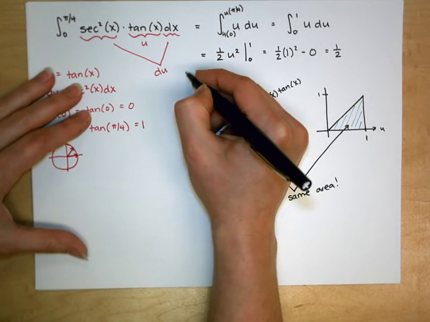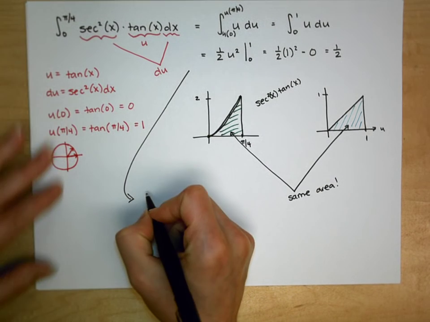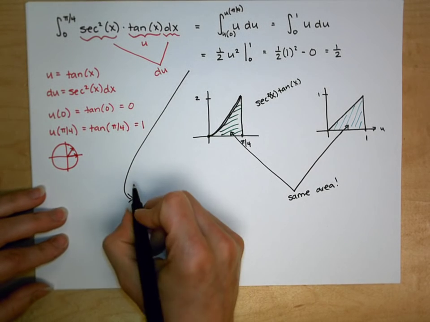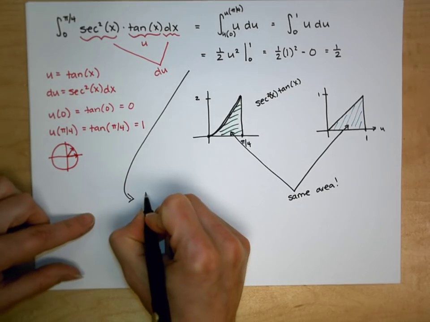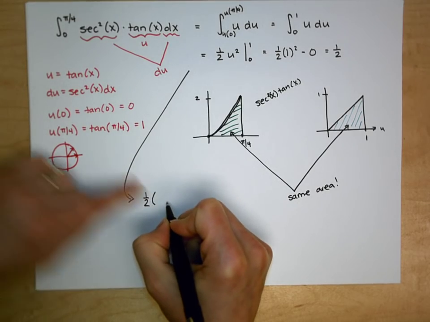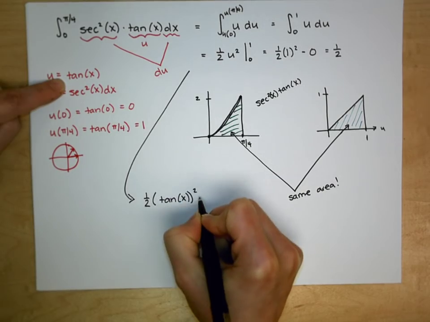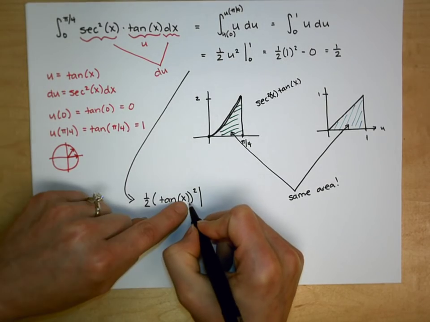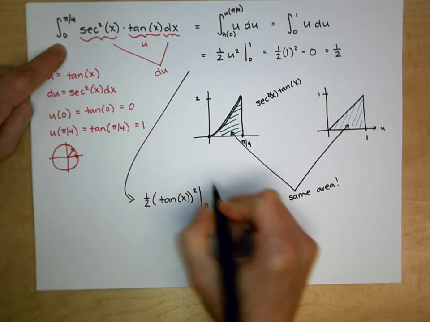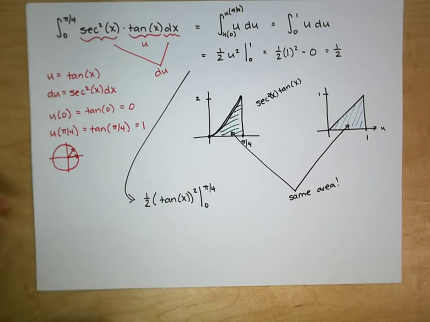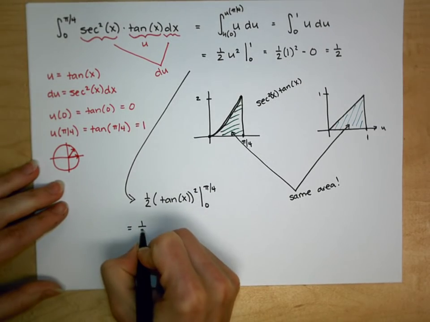If you wanted to change it back to x, then my answer would be 1/2 u, and u is tangent squared, evaluated from, now it's in terms of x, 0 to pi over 4. But notice what I'm going to do here. I've got the 1/2.